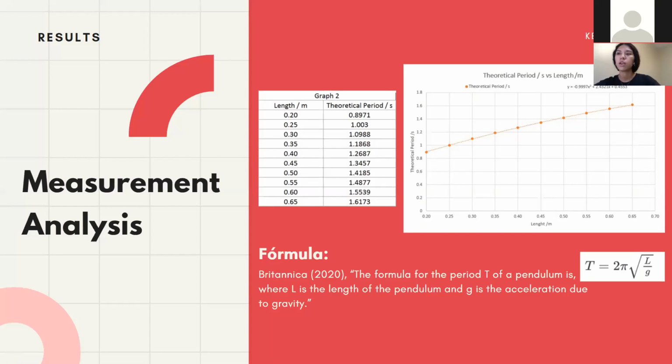For this equation, our length should be in meters, and I used 9.81 as the value of gravity. And in this part, we can also see how the length of the string does affect the period of the pendulum.